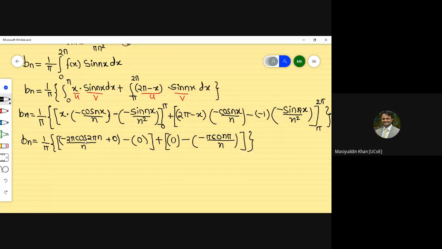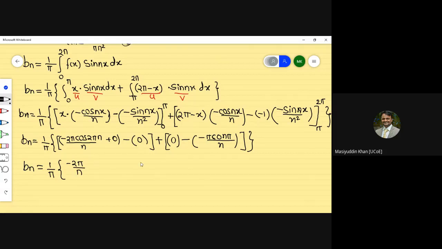Now cos 2 pi n is 1. Cos 2 pi n is equal to 1. So we can simplify this part. b_n is equal to 1 by pi. We have to simplify, so minus cos 2 pi n is 1. So minus 2 pi upon n.